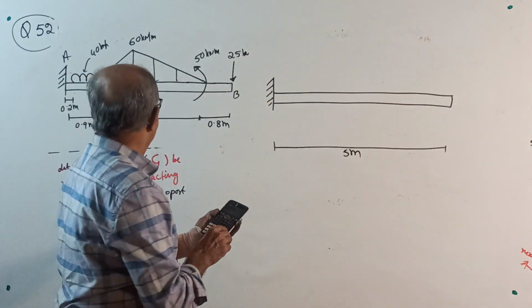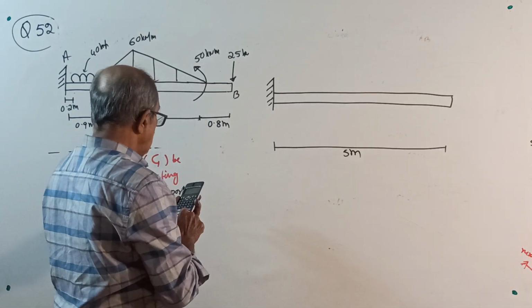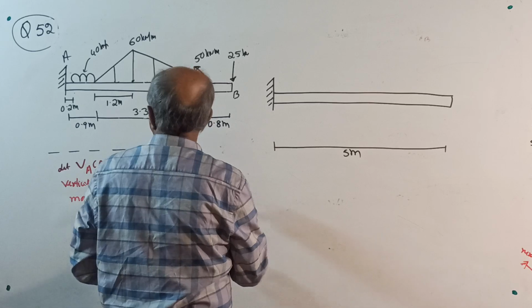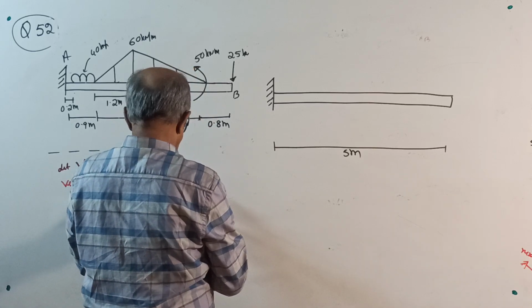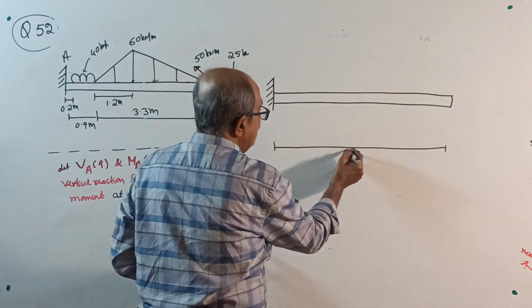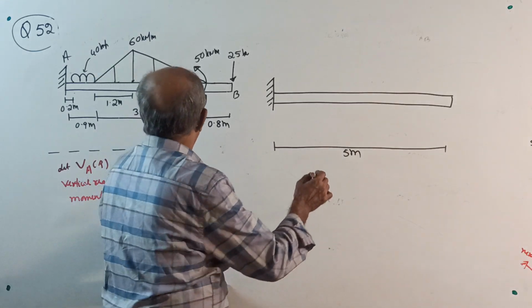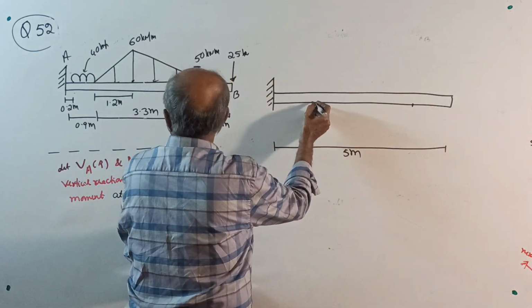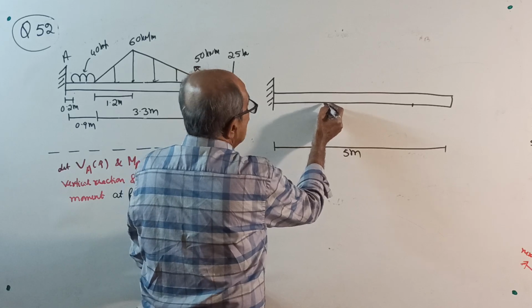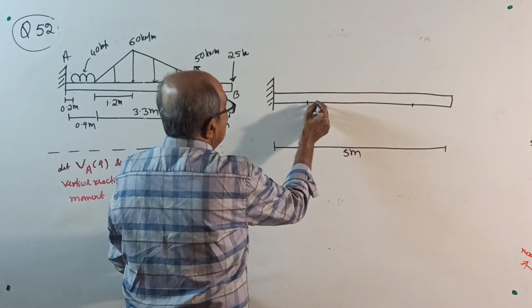That is so important. 3.3 plus 0.9 plus 0.8, 4.9. 0.9 plus 3.3 plus 0.8, 5 meter, correct? See, calculator problem. Then 0.8 meter gap, then 3.3 meter up to here.